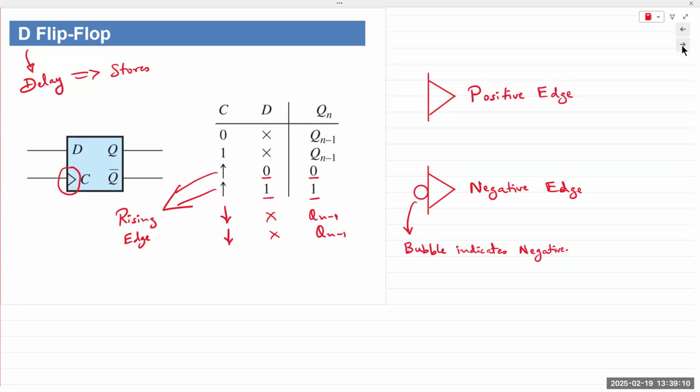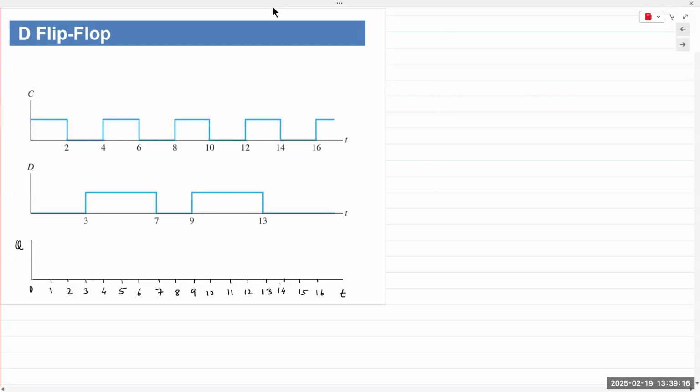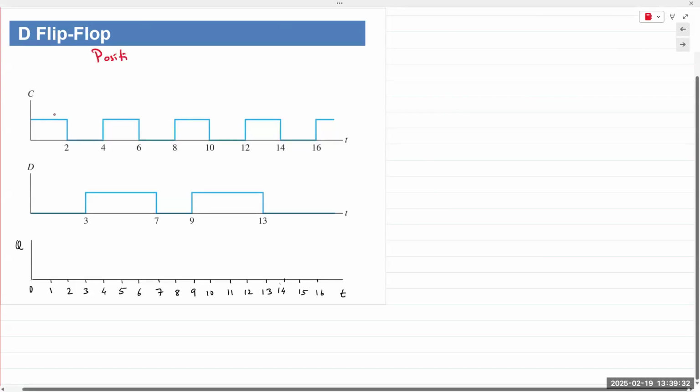Let's look at an example of a D flip-flop in this timing diagram. So the first thing we do here is identify the edges. Now, we can solve this for both positive and negative. I'm going to solve this for a positive edge trigger flip-flop.